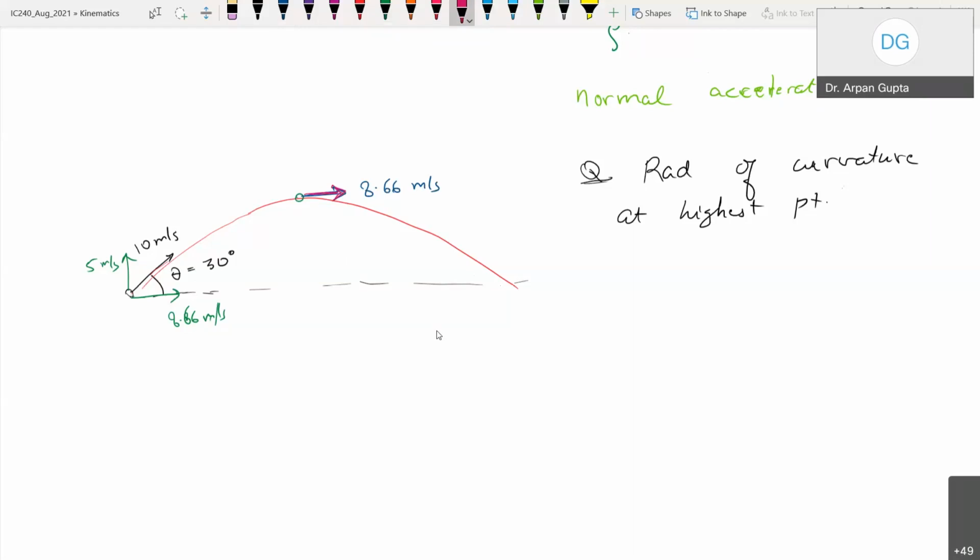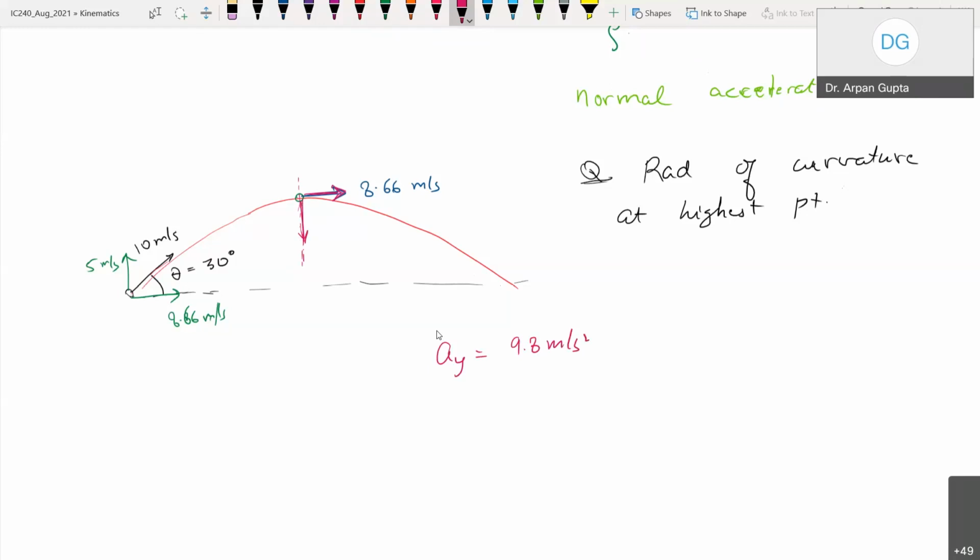Now if I consider a direction perpendicular to velocity, that is the vertical direction. The acceleration in the vertical direction, a_y, at this topmost position is 9.8 meters per second squared, acting downward.